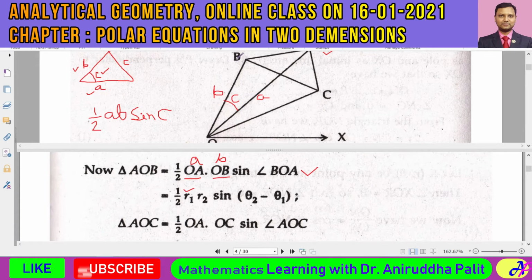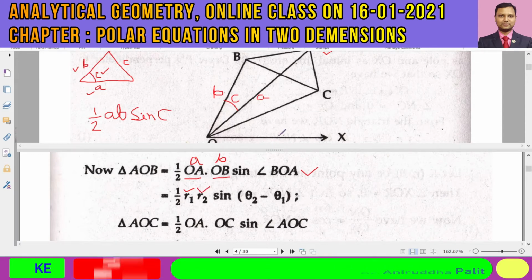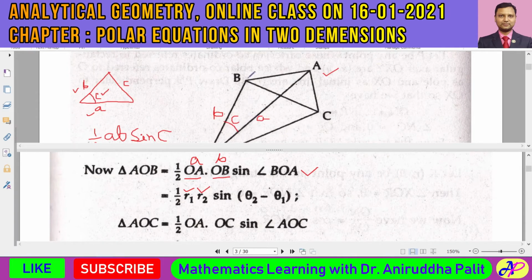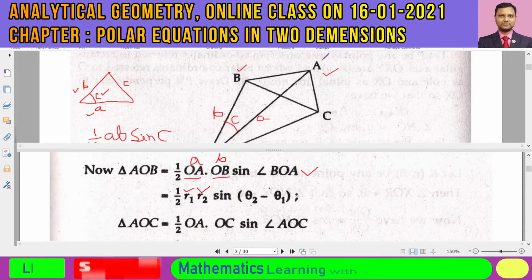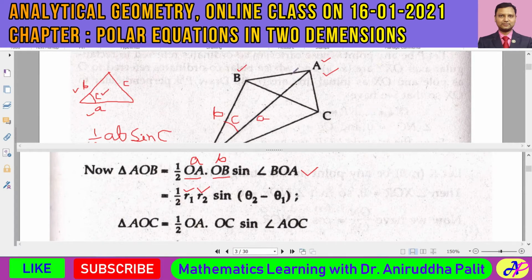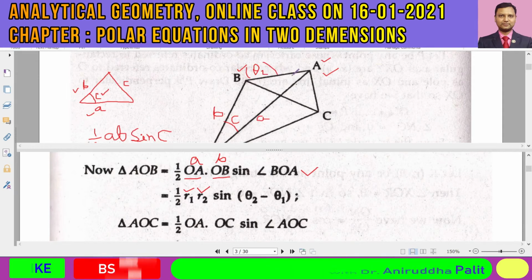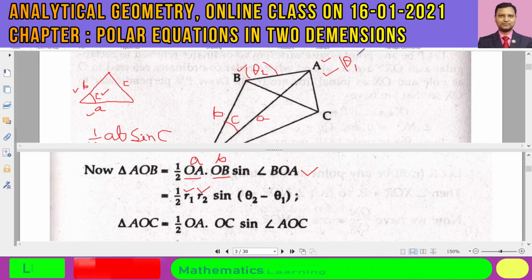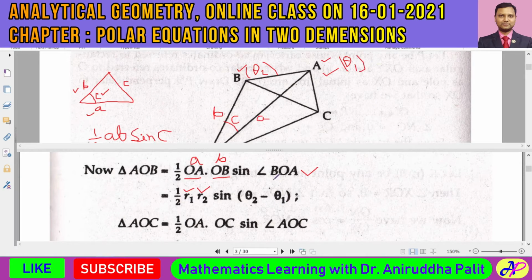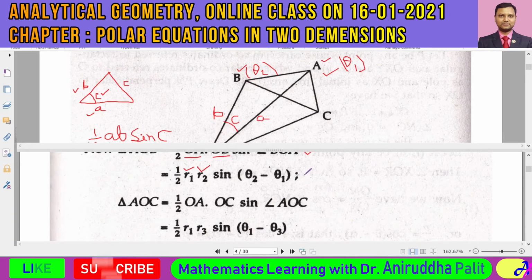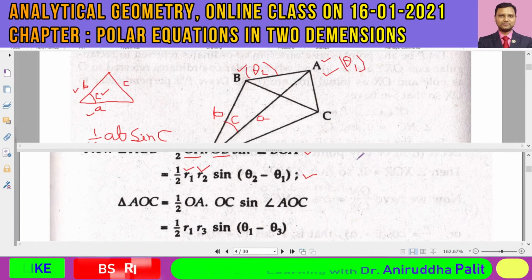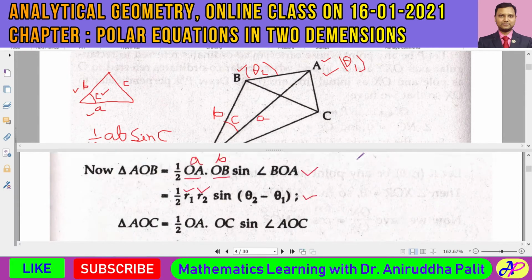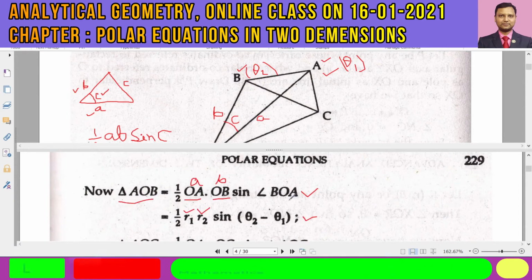Then the distance OB is equal to R2, and the angle C is the difference of the vectorial angles of point B and point A. The vectorial angle of B was theta 2 and that of A was theta 1. So the angle BOA is theta 2 minus theta 1, and in this way we get the area of the triangle OAB.